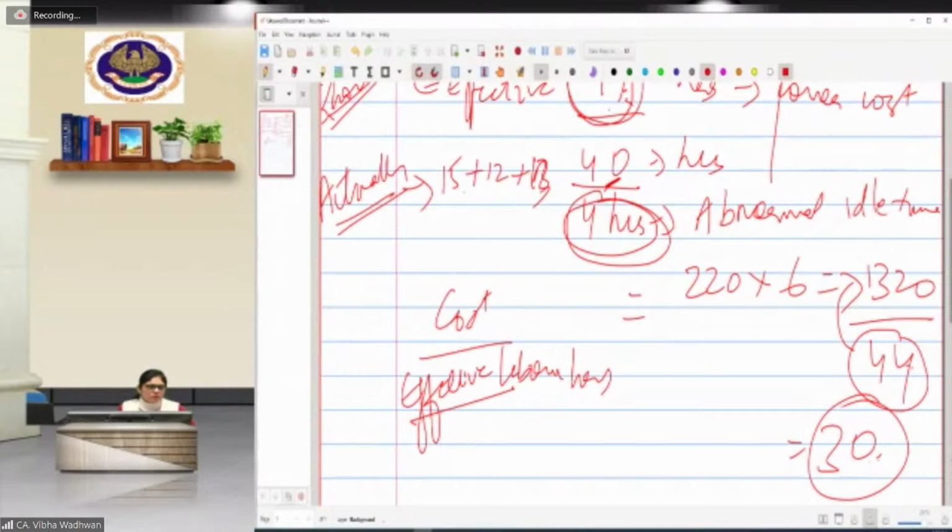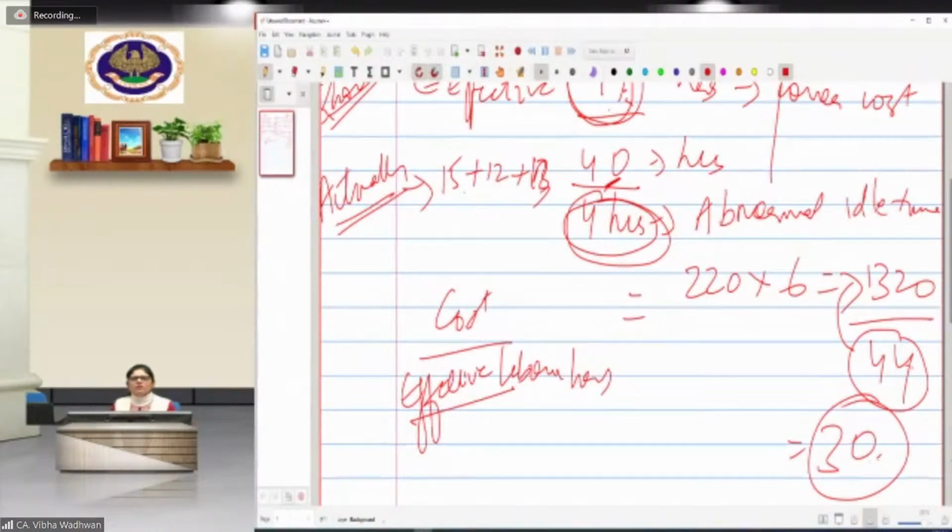Piyush, normal idle, there is no formula as such. The only concept is that the normal idle time or whatever is the normal loss, the productive hours, the good hours will cover the cost of it. Clear? We never calculate the cost of normal idle time.